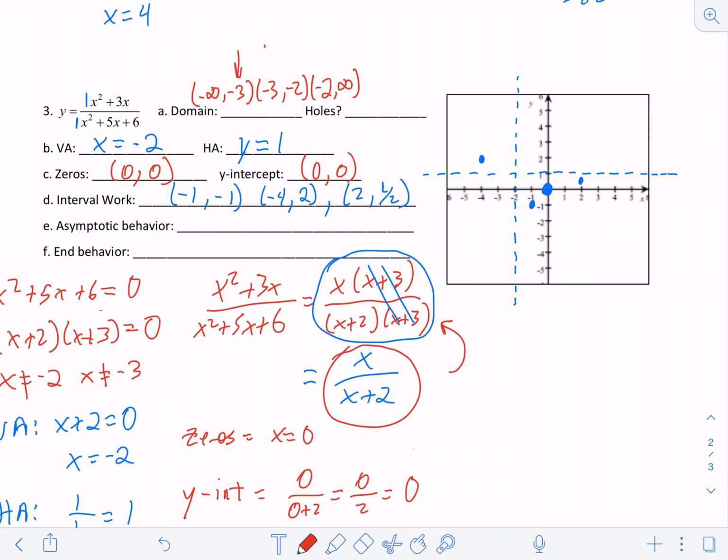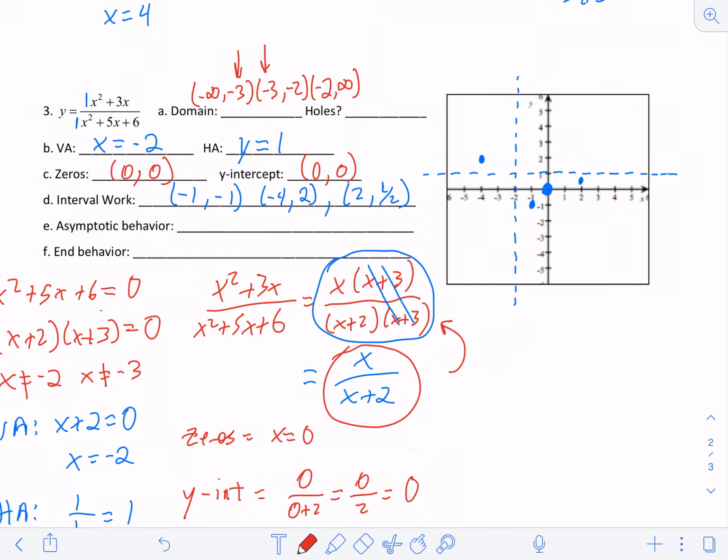Because it had an x plus 3 in the denominator, and remember, we figured out with our domain, x cannot be -3. We're not going to have an asymptote at -3, but even though our graph is equivalent to x over x plus 2, it can't go through the point at -3. If I plug -3 into my original function, I'm going to get a divide by 0, and I can't do that.